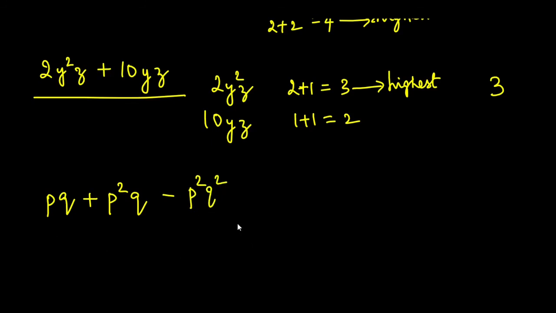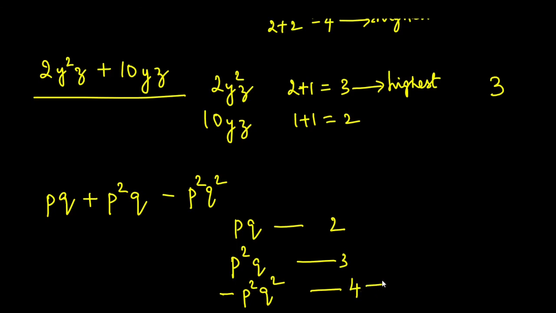Here we have three terms, pq, p square q, and minus p square q square. The degree of pq is 2. The degree of p square q is 3. The degree of minus p square q square is 4. So 4 is the highest one. So the degree of this algebraic expression is 4.